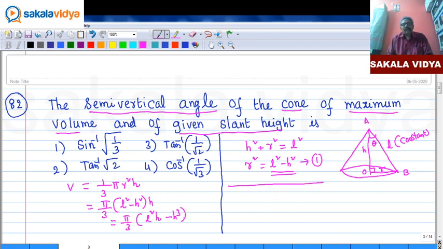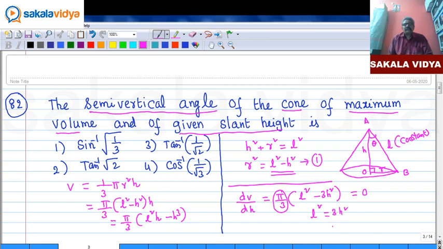Now do one thing, dV by dh. dV by dh means pi by 3 into L square, constant, h differentiation 1, minus h cube differentiation 3h square. Now dV by dh equals 0. Pi by 3 cannot be 0, so we get L square equals 3h square.